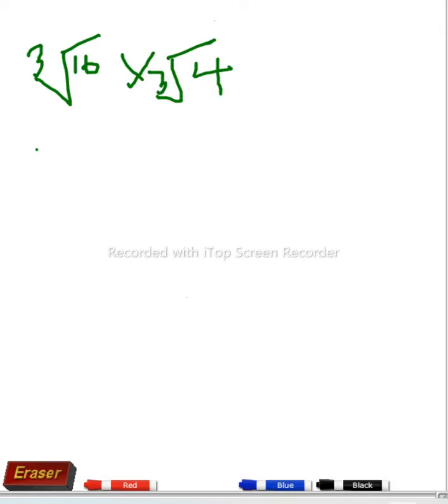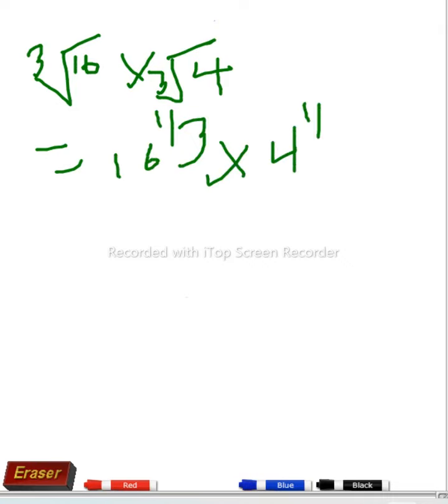We have cube root of 60 times cube root of 4. Cube root of 60 means the same as 60 to the power of 1 over 3, and cube root of 4 means 4 to the power of 1 over 3.